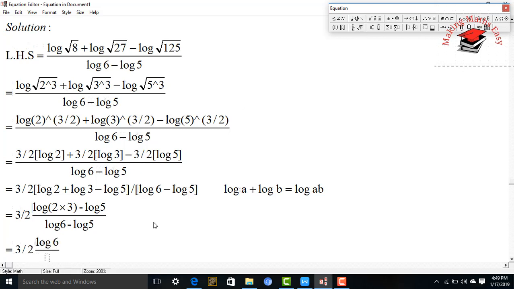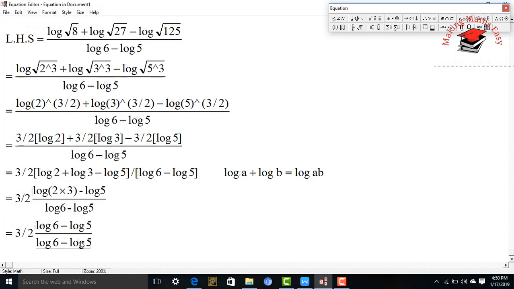So it can be written as log of 6 minus log of 5 divided by log of 6 minus log of 5. In both cases, we will divide log of 6 minus log of 5 by log of 6 minus log of 5, which gives me equal to 3 divided by 2. So my final answer is 3 divided by 2, which is equal to the RHS.